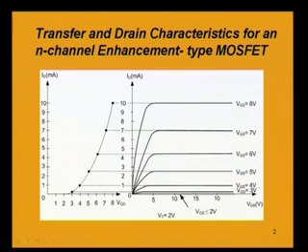Now, we are increasing the gate to source voltage beyond 2 volt, and we have these different plots, each plot for a particular gate to source voltage. For example, we are varying the gate to source voltage from 3 volt to 8 volt, say.